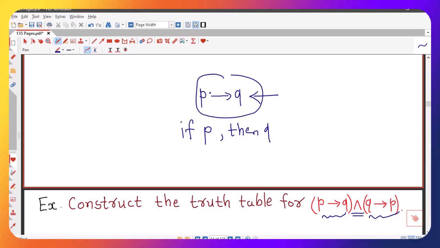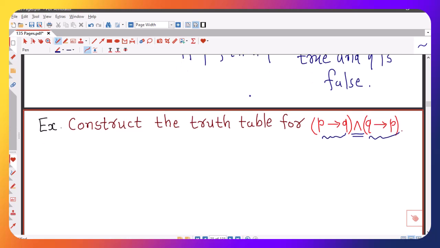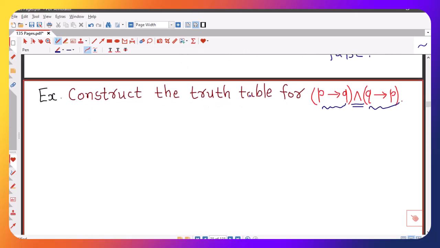The implication P implies Q is false in the case that P is true and Q is false. In all other cases it has truth value T. So that we have to remember while constructing the truth table.